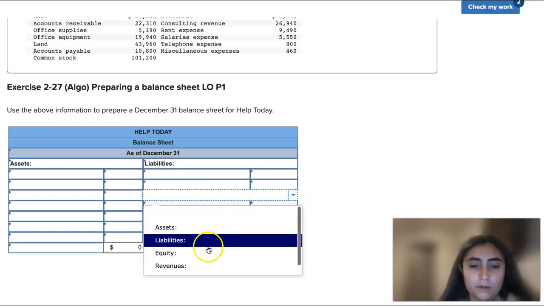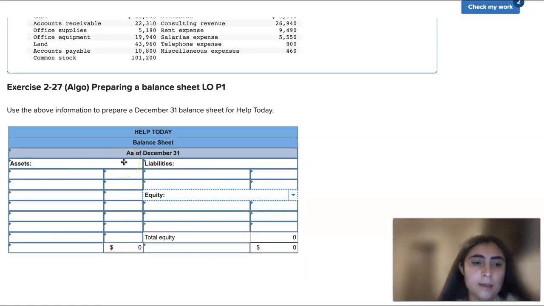So why do I put this in here? We know that assets equals liabilities minus equity. The balance sheet equation shows what a company owns, which are the assets, how much it owes, which are the liabilities, and how much stake owners have in the business, that is the equity.